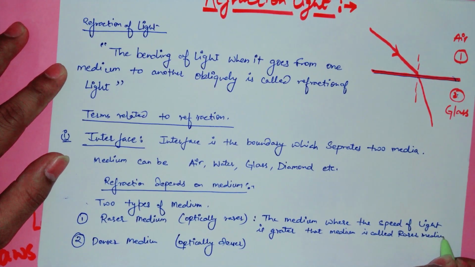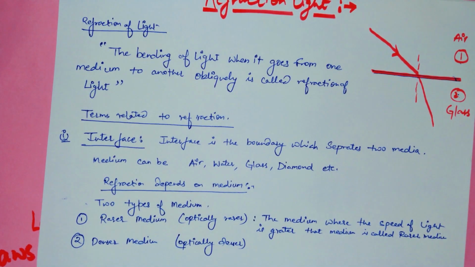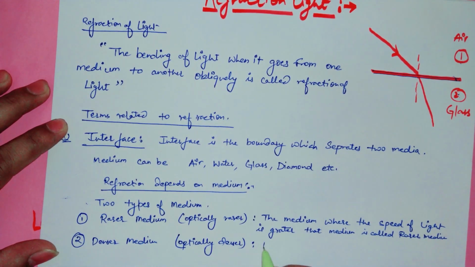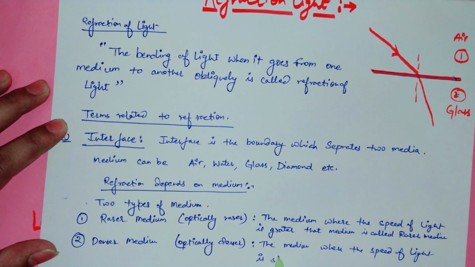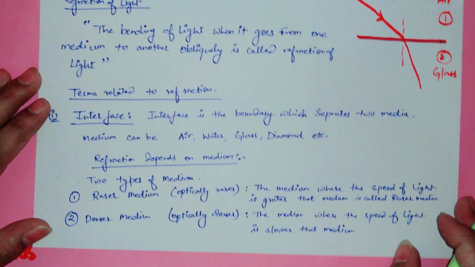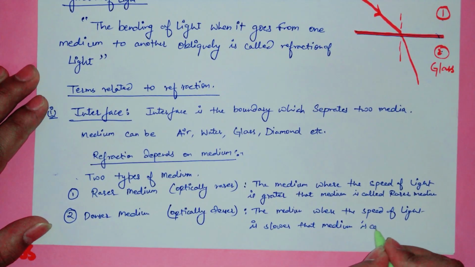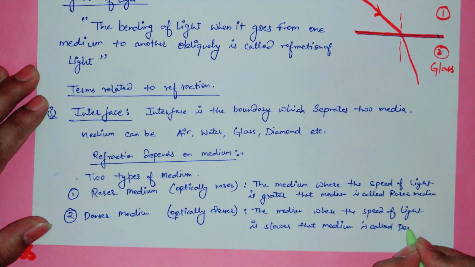Rarer medium means in rarer medium the speed of light will be greater, and a denser medium is the medium where the speed of light is slower. That medium is called denser medium.